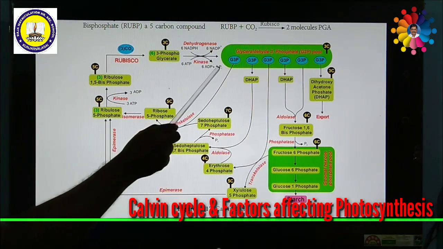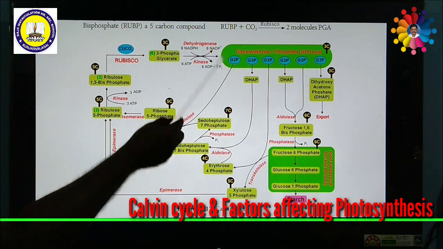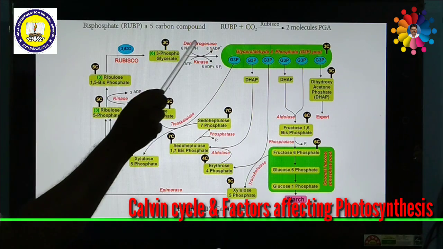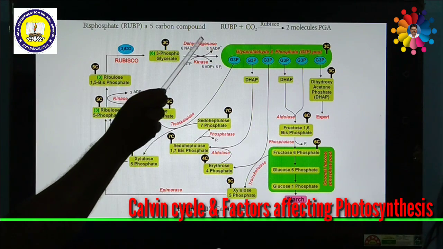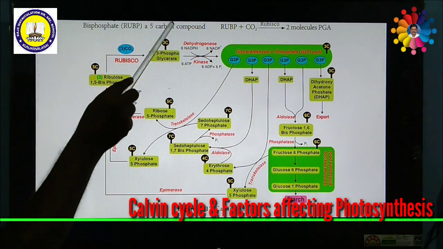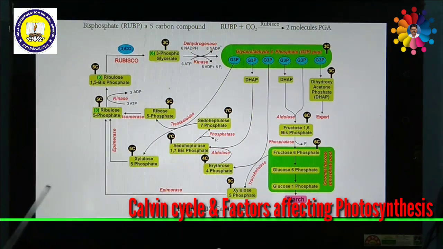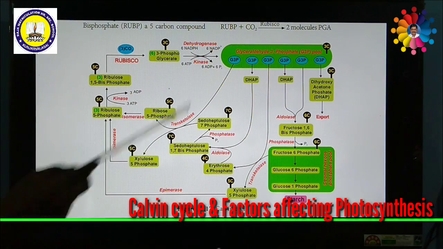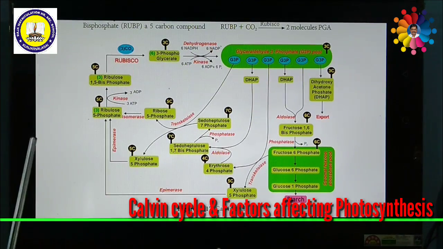Then the 1,3-bisphosphoglyceric acid utilizes NADPH2, the reducing power produced during the light reaction, with the help of the enzyme dehydrogenase to produce glyceraldehyde 3-phosphate, a stable 3-carbon compound.